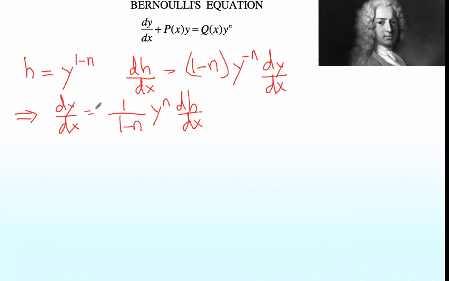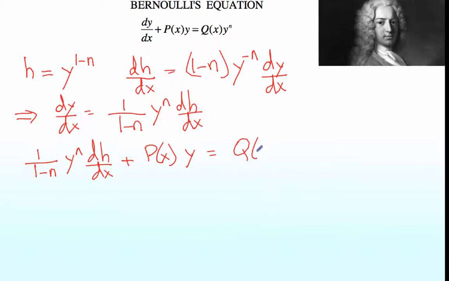And now let's put this in here. So we get 1 over 1 minus n y to the n dh by dx, and then here p of x times y, and this is q of x y to the n.